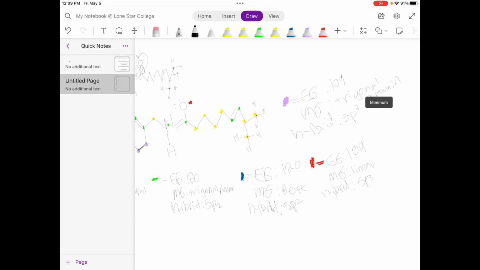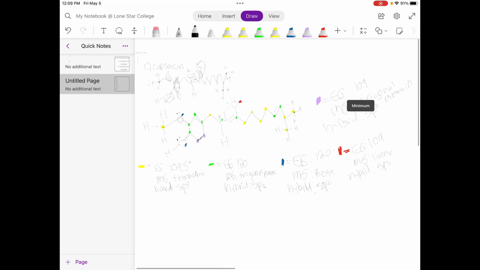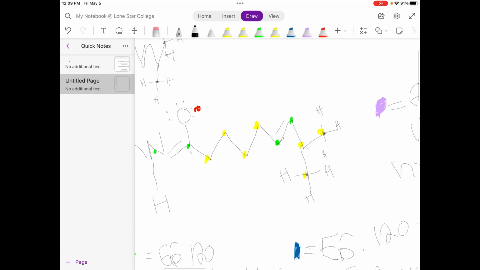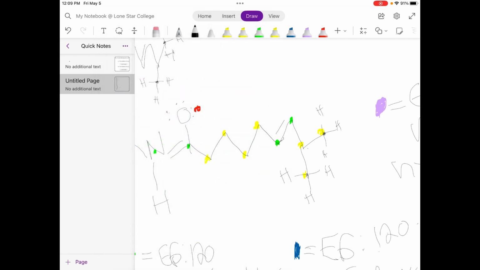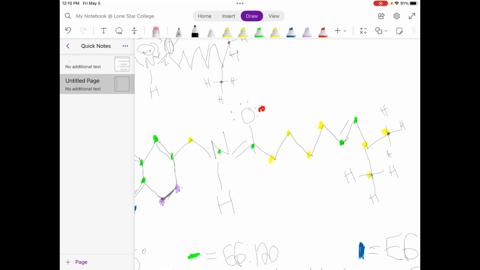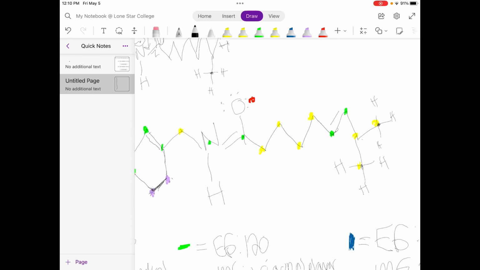Okay, now I just need to name the functional groups. This is what it looks like right now. Let me start by circling every functional group, anything that is not C single bond C or C single bond H. So this is C double bond C, so that might work.